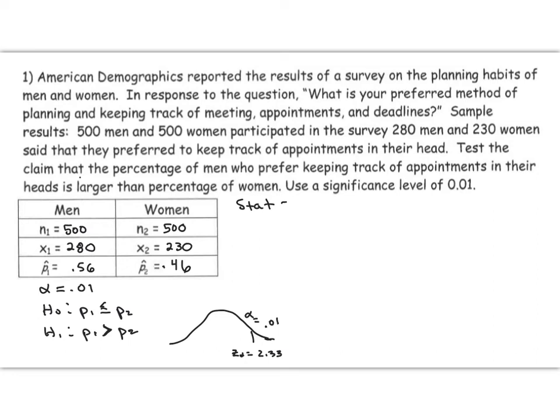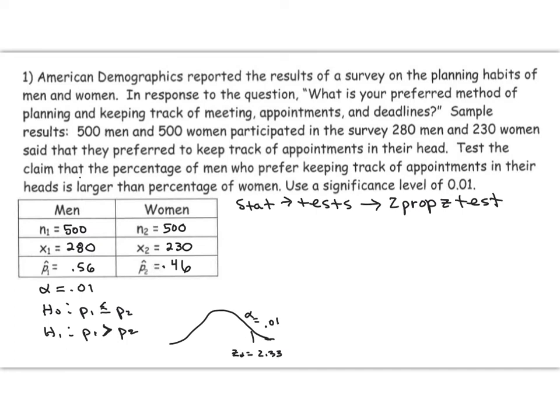over to tests, and then I'm going to scroll down. On mine it's number 6, but it's 2 proportion z-test. How simple is that? And then up comes a table x1, and I'm going to put 500 into that.